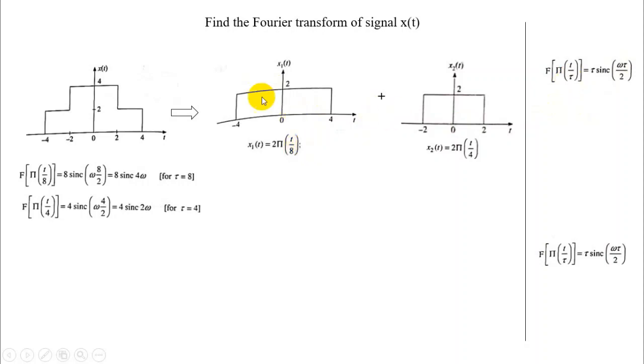So the Fourier transform of x1(t) is 8 sinc(omega tau/2), and finally we can write 8 sinc(4 omega). In similar fashion, for the signal x2(t), the Fourier transform will be 4 sinc(2 omega).